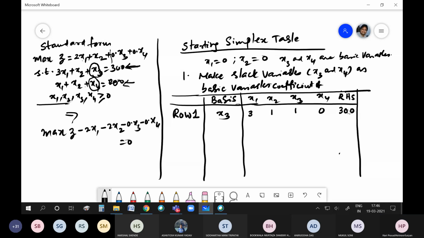This is how we first form row 1. Row 1 corresponds to constraint 1.